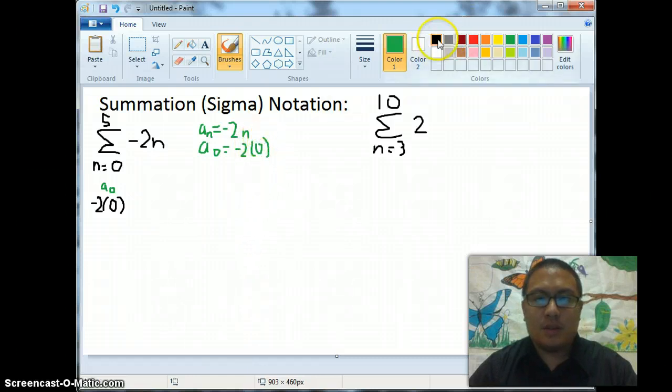Okay, and then we keep going, plus negative 2 times 1, plus negative 2 times 2, plus negative 2 times 3.